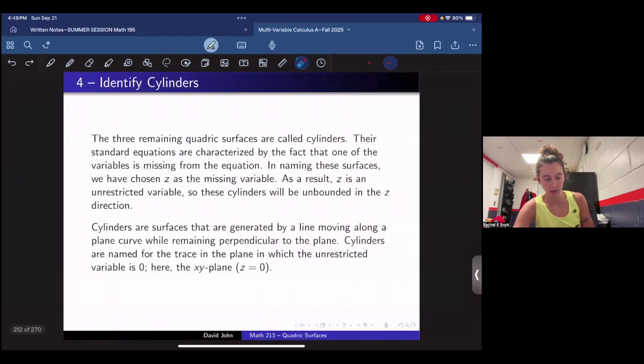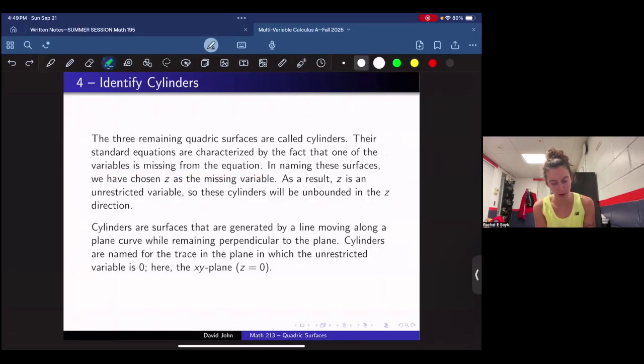All right. So now we're on our fourth objective. This part is being able to identify cylinders. The last three quadric surfaces that are remaining are cylinders. The standard equations are characterized by the fact that one of the variables is missing from the equation.